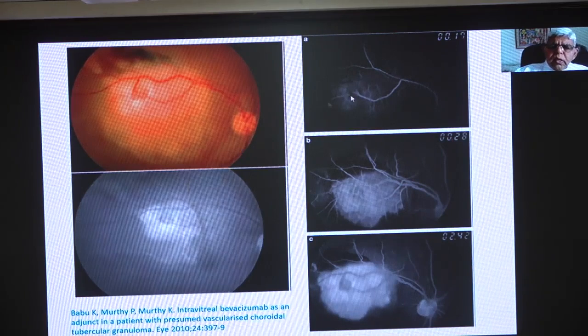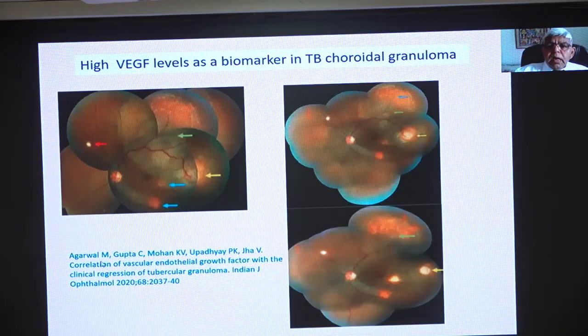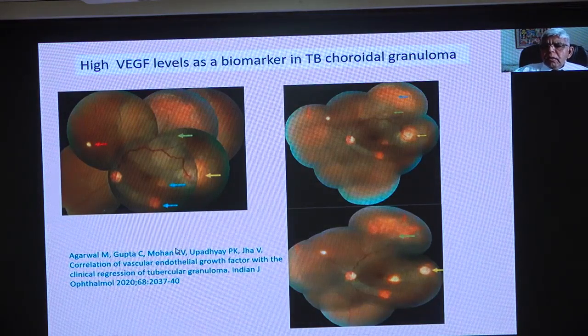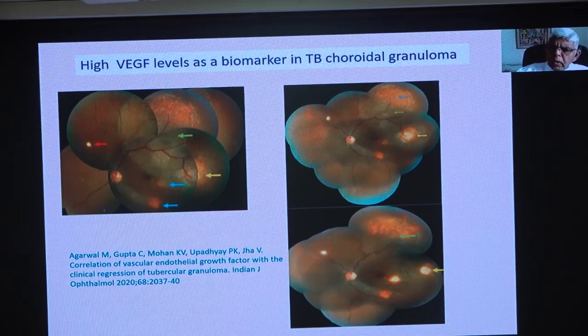When you do fluorescein angiography in the granuloma, you can see the internal structure is highly vascular, and this is what is visible here. So Kalpana Babu gave this patient Avastin along with the anti-TB drugs. This is a more recent study by Manisha Agarwal in Delhi, Shroff Charity Hospital, where she has reported a large series using Avastin in patients with TB granulomas.